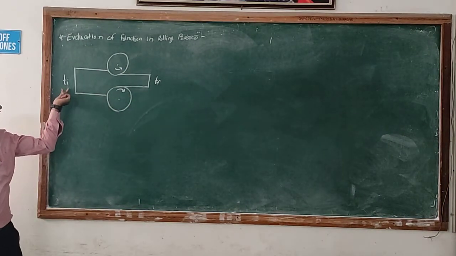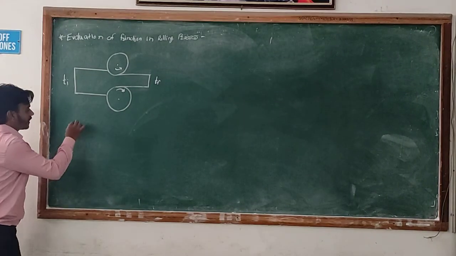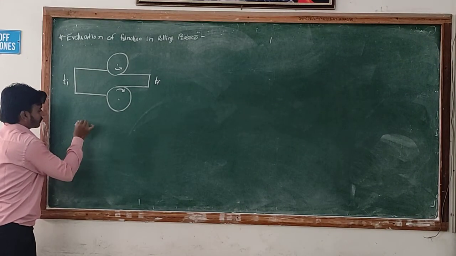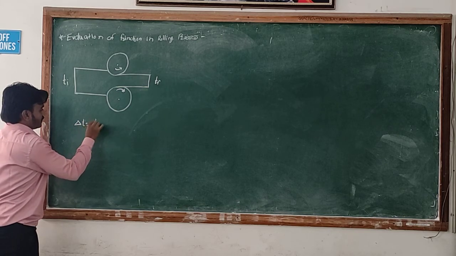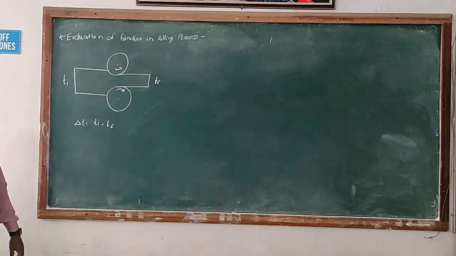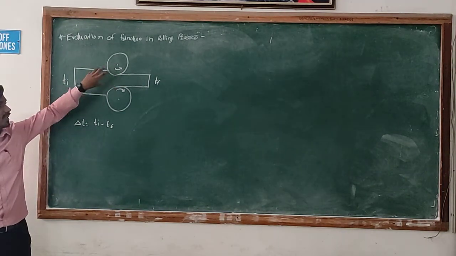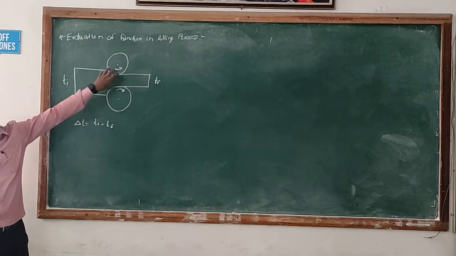Initially it has a thickness Ti and finally a thickness Tf. Here we can write delta T is equal to Ti minus Tf.